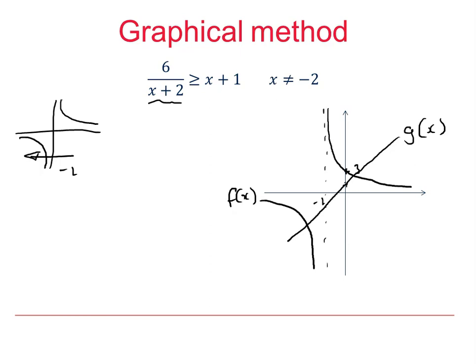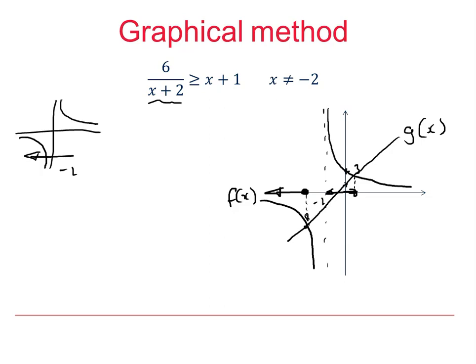In other words, when is the curve lying above the straight line? Well, obviously it's from this point here downwards, and from the asymptote up to this point, so between these two values. So we need to find these points of intersection.